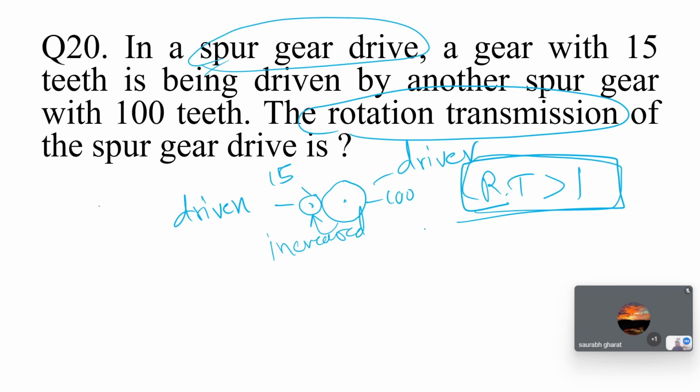We know it is more than one, but by what value you have to calculate exactly, in the same way as before. Just remember that your driver has 100 teeth and this is driven. By this you can calculate your rotation transmission for the first gear.